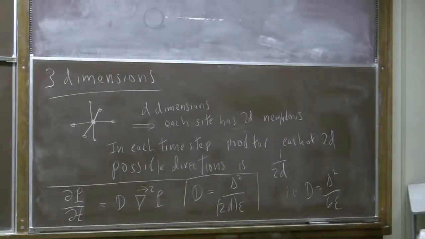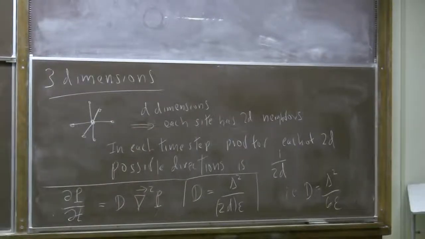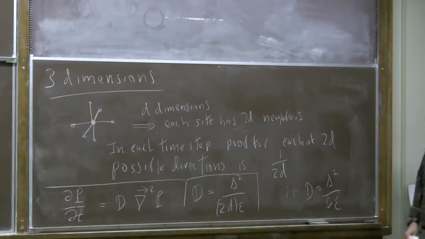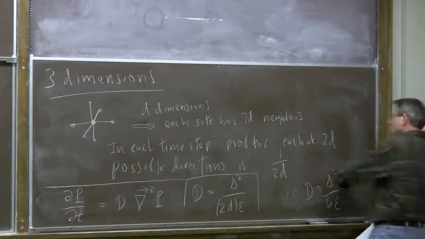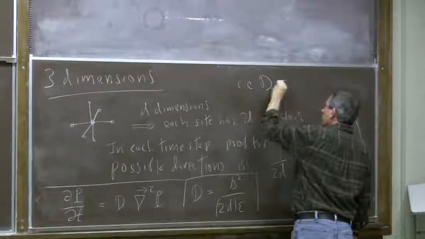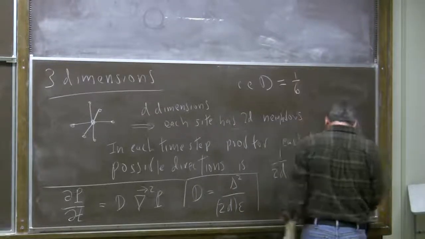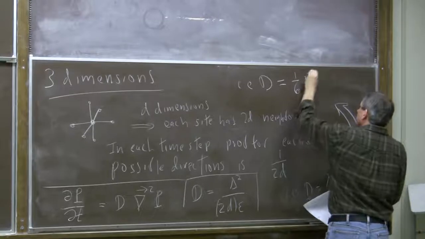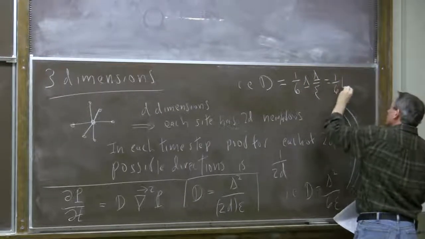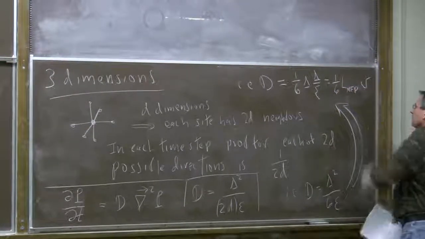So if you want to think of that as expressed in terms of a mean free path and a time, or in terms of a mean free path and a speed, we would say the diffusion constant is 1/6 times delta over epsilon, or 1/6 a mean free path times speed.